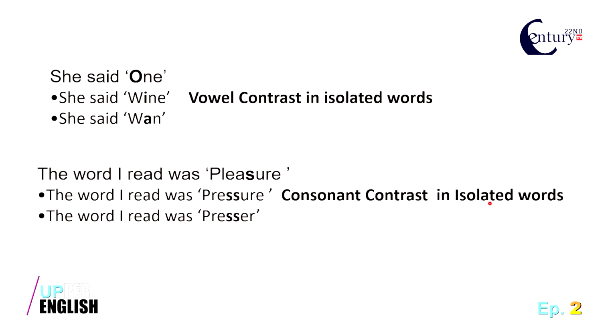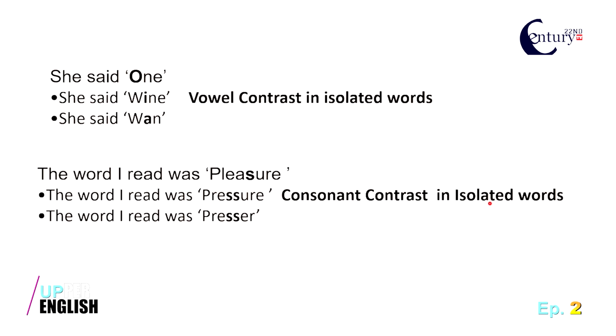Three sentences or three options, each one a sentence, for a given question. If I say, she said when, what would you choose? We have 1, 2, 3. She said when. Is it O-N-E, W-I-N-E, or W-A-N? That's it.